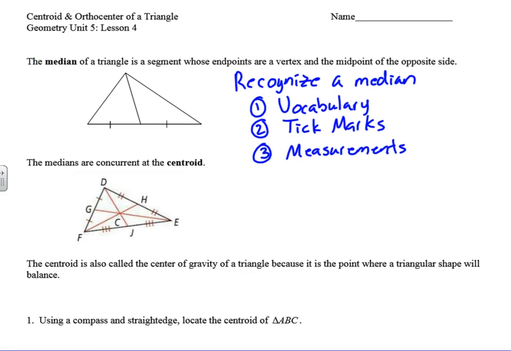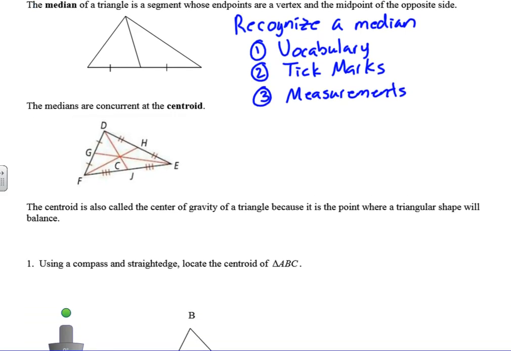The medians are concurrent at the centroid, and the centroid is this point. It's the point of intersection of the medians, and the centroid is also called the center of gravity of a triangle because if you were to balance the triangle, that would be the balance point.